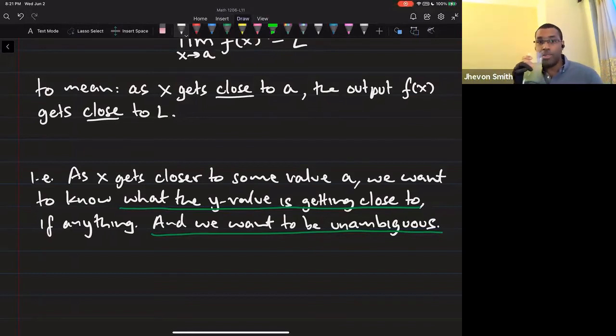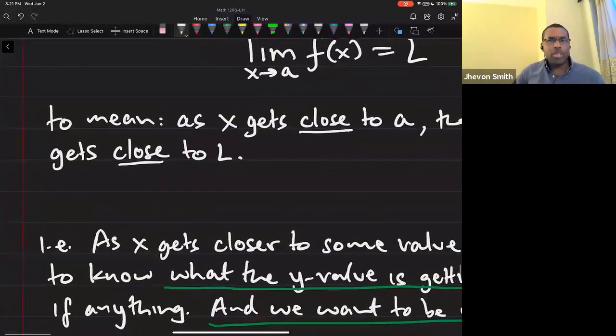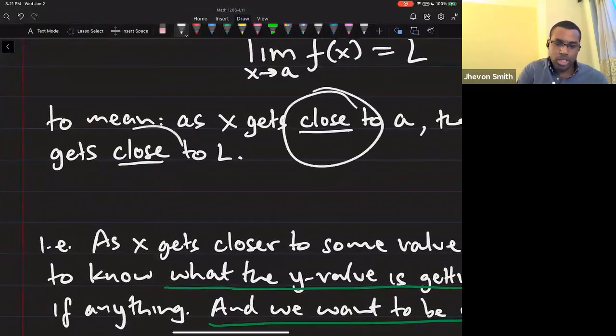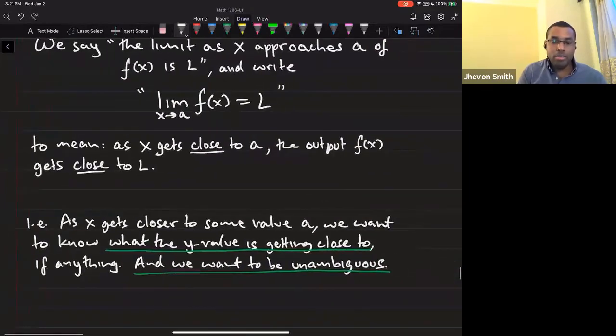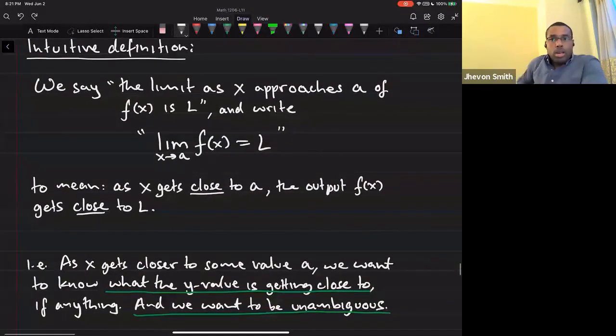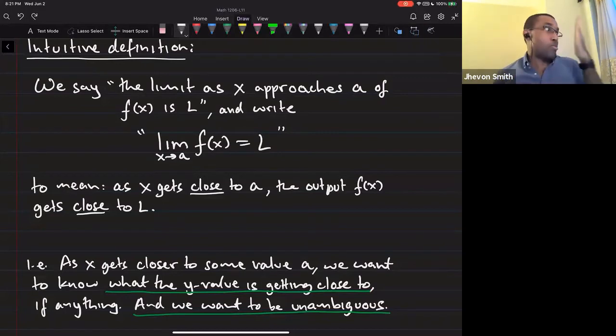Because it's already kind of fuzzy. You don't want it to be extra fuzzy. And it's fuzzy because of this word here, close. It turns out that that actually makes the definition vague, and why it's too vague to be an actual definition, more of an intuitive one, because what does close mean, right? Close will be different to different people. There's some people, they're talking to you and they're right here, and like, give me some space, man, you're too close.